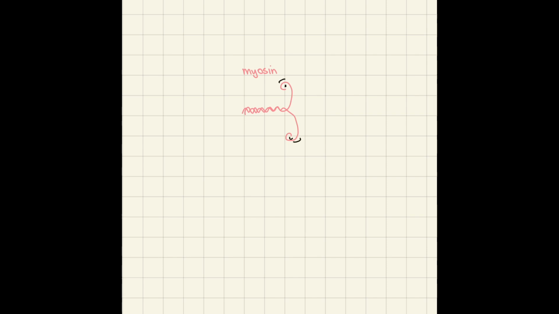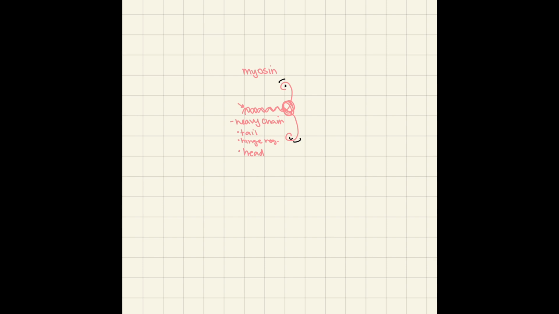It has a heavy chain, and the heavy chain has a tail, which is this long part right here, a hinge region, which is like this part right here, where the tail connects to what we call the head. Each myosin molecule has 2 heads. So there's a hinge region where the head can move and kind of switch angles.